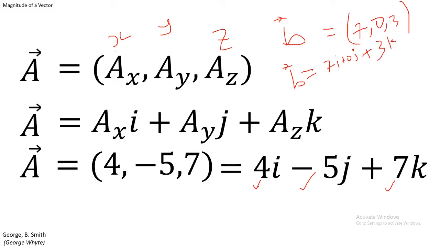So here the x component is 7, the y component is 0, the z component is 3. So I can go ahead and take away the 0, and you're going to see just 7i plus 3k.